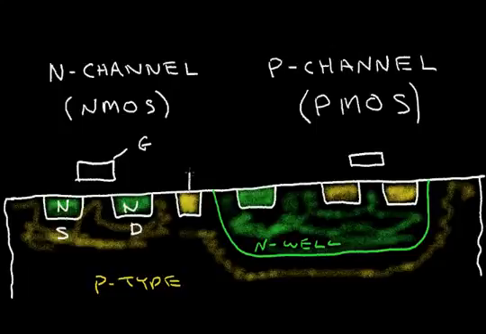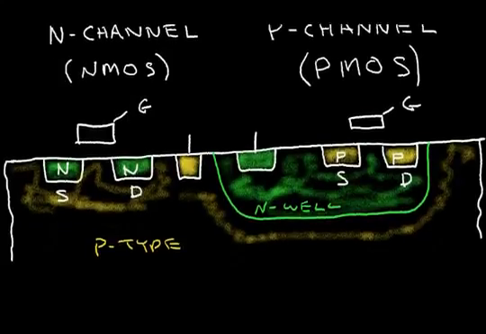This is a contact to the P-type substrate. This is a contact region to the N well. This is P-type material. This is the gate. And this P-type material forms the source and drain, so I'll call this the source and this the drain region.